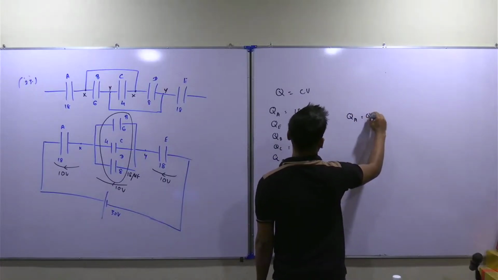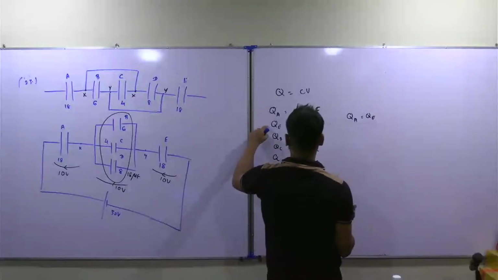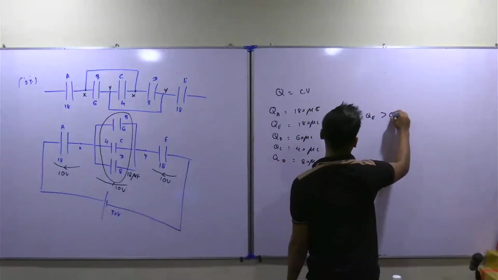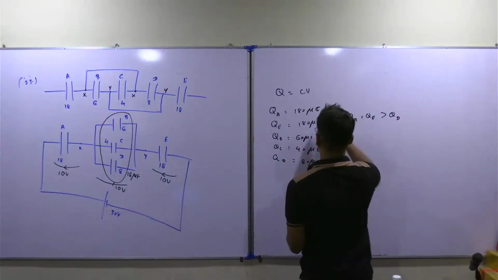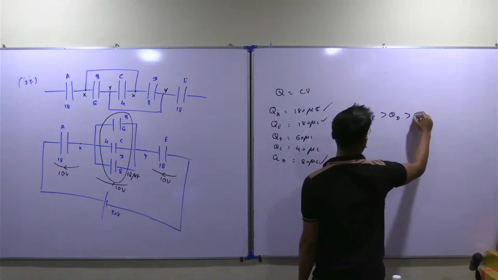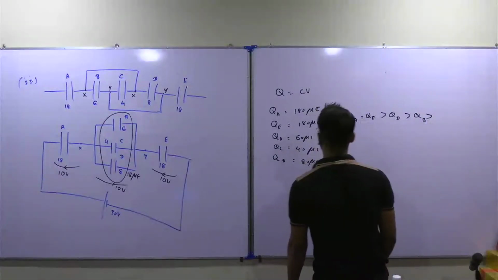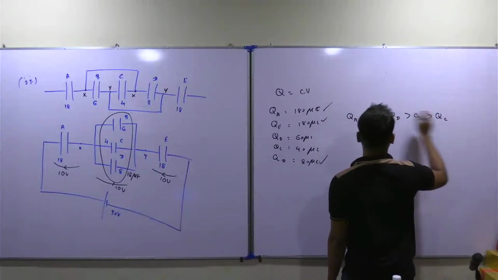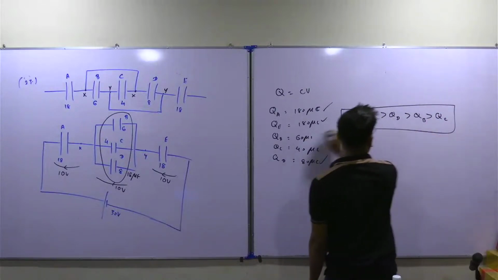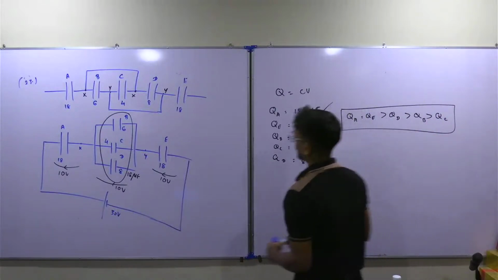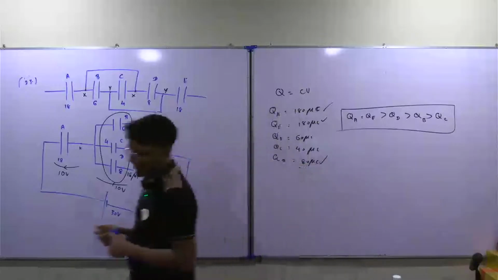QA is equal to QE, right? These two are equal. Then you have QD. Then you have QB. QC is the minimum. Charge stored on the capacitor C is the minimum. So this is the answer. So what is the answer?